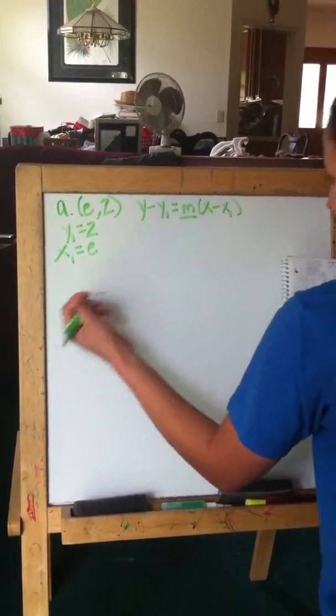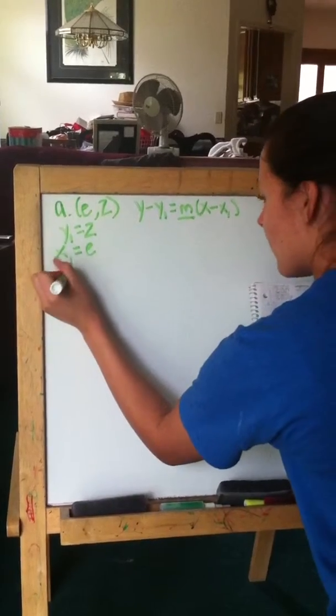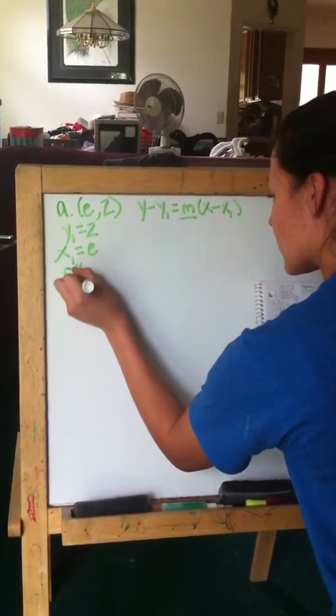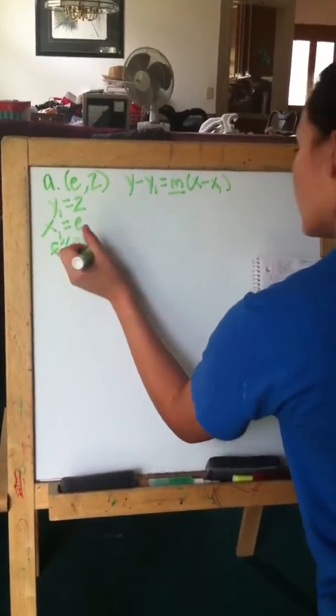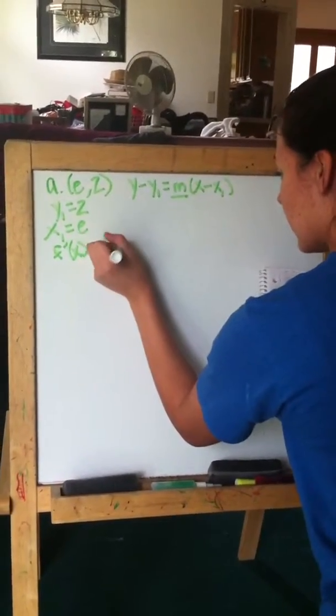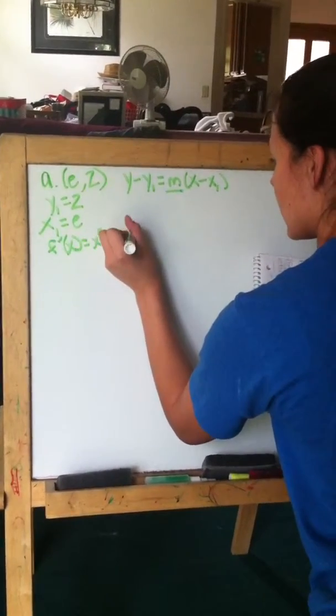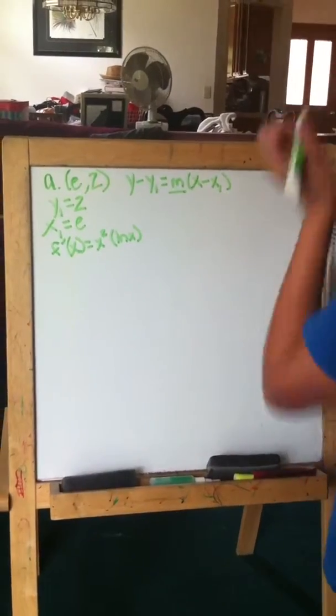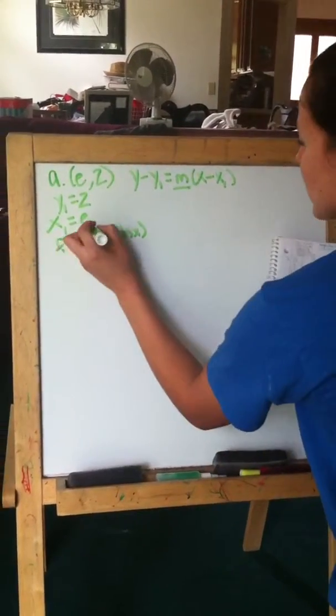The derivative is given to us as f prime of x equals x squared ln x, and you just plug in your x value.